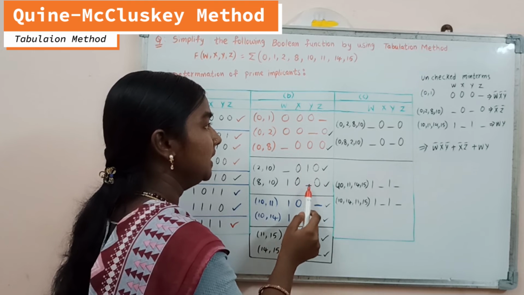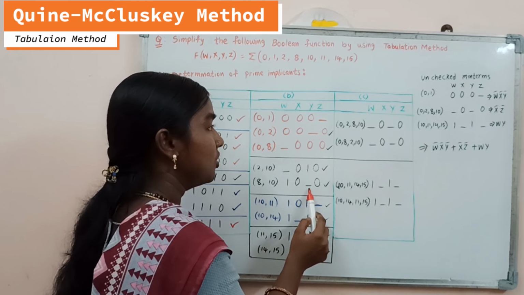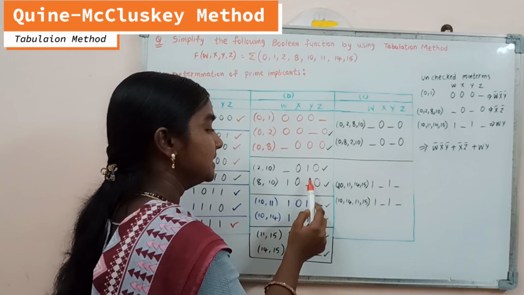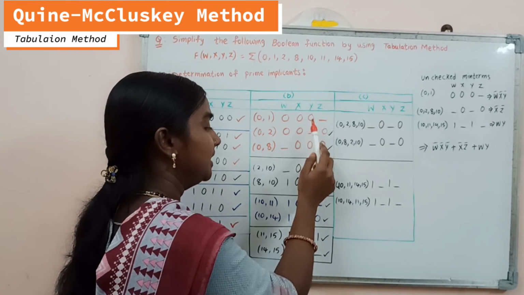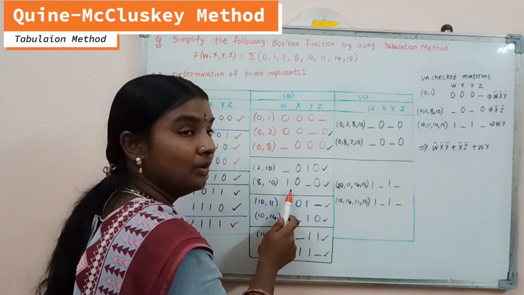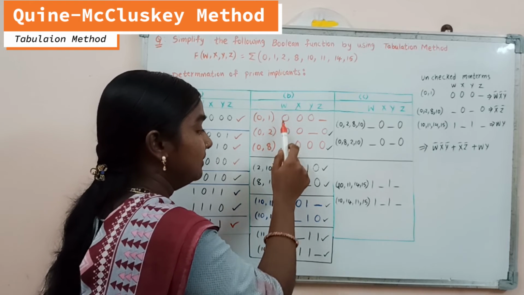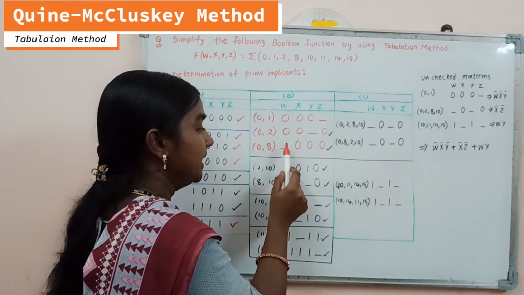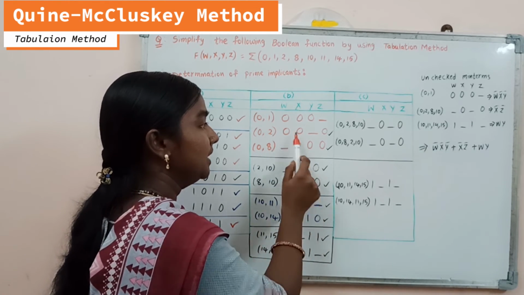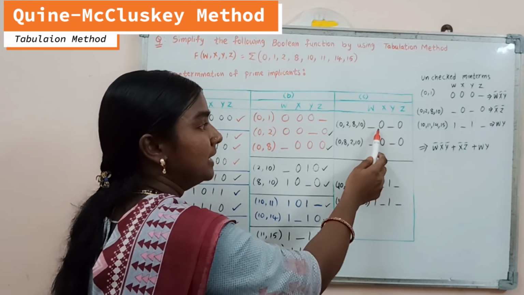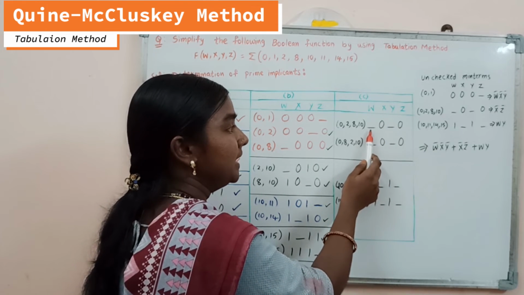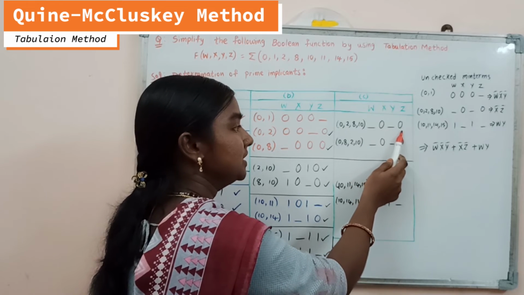Only here is it possible. These two binary combinations have a dash in the same place, in place of the Y variable, and they differ in only one variable: in place of the W variable we have 0 here and 1 here, and the remaining code is the same. So the binary code is going to be dash 0 dash 0.